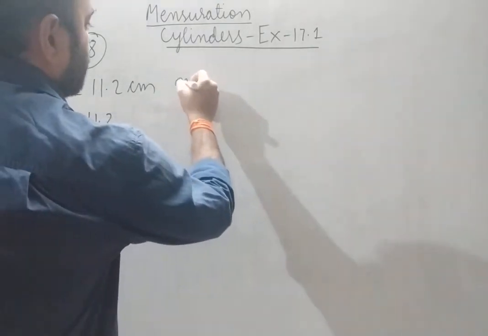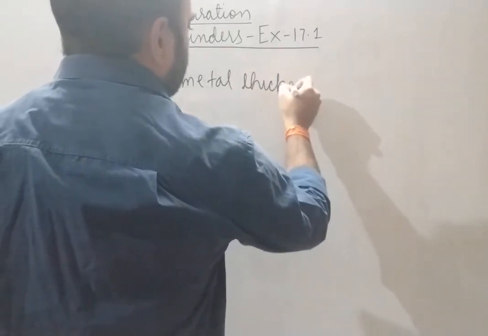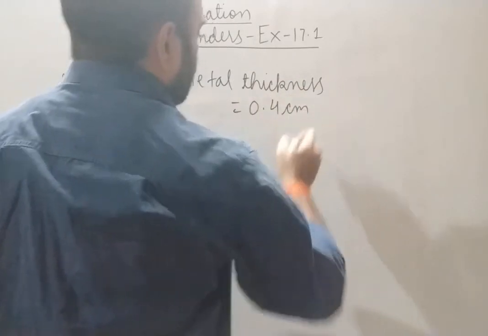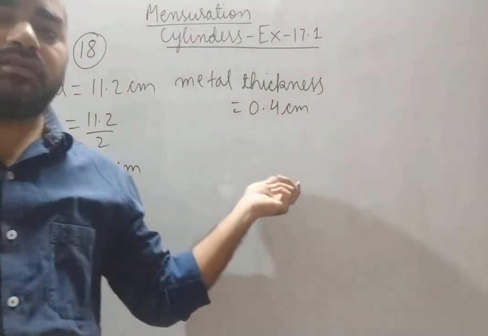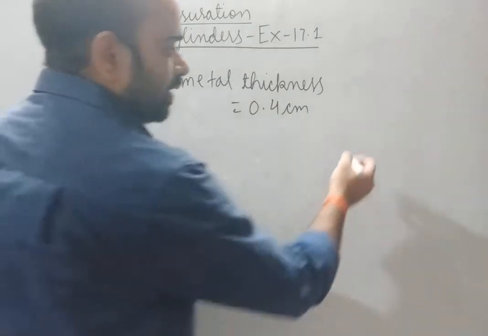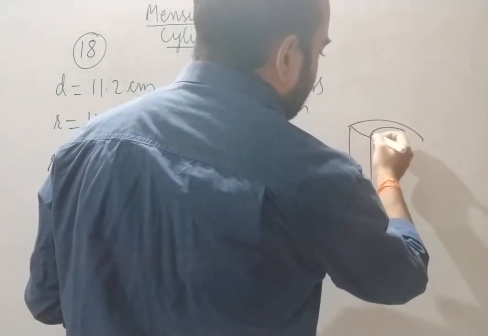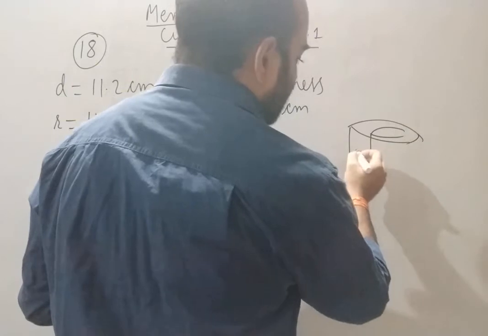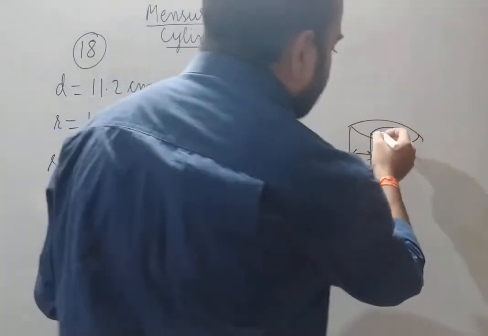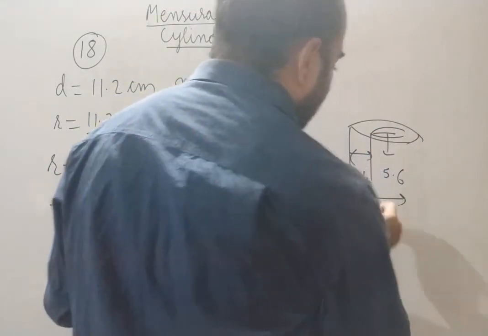Metal thickness means width, that is the width between the internal and external face. Correct? It means this is given, 0.4. And internal radius is given, internal radius means the smaller one. This is given, 5.6. So how to find capital R?